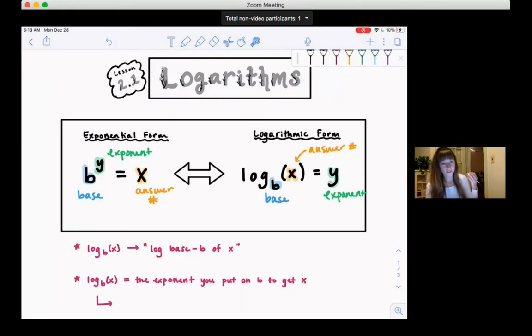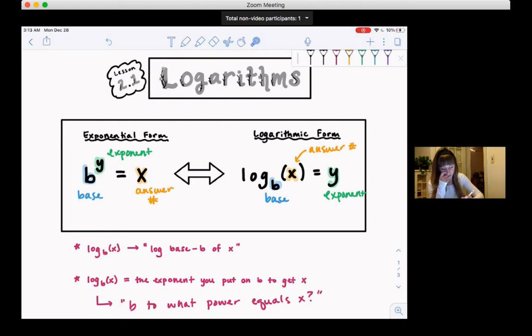So if you are given a logarithm and you want to figure out what number it equals, there's a question you can ask yourself that will help you get the answer every time. Log base b of x, this is the exponent you should put on b to get x. So ask yourself, b to what power equals x? So we're looking for the mystery exponent here, right?